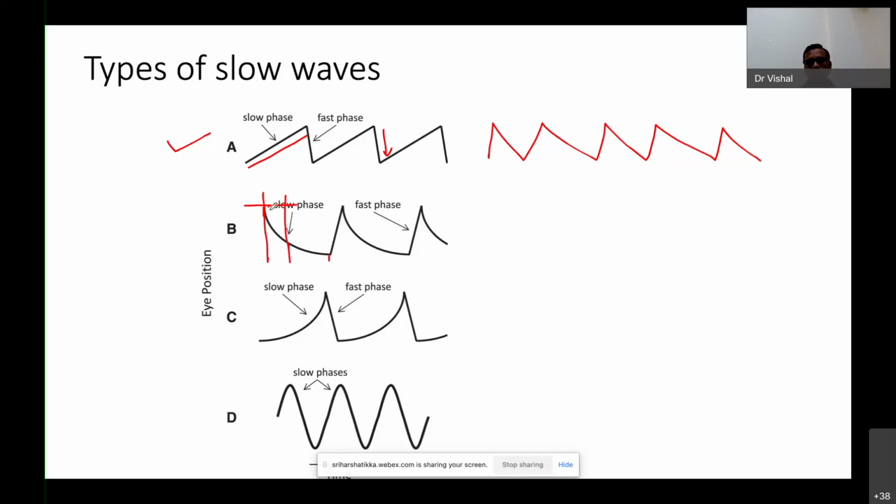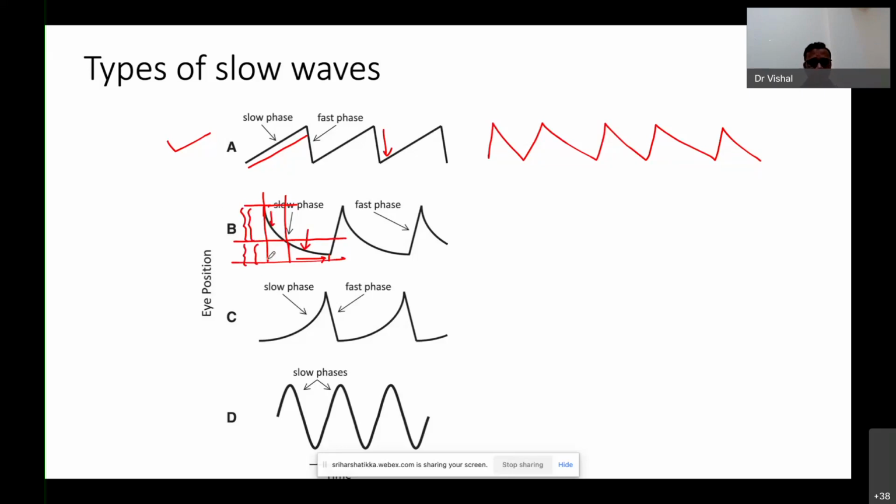It is taking a little longer time as compared to this, which is moving faster. So this is exponentially decreasing slow velocity, because this velocity is slower as compared to this velocity, if we compare the degrees of eye movement.